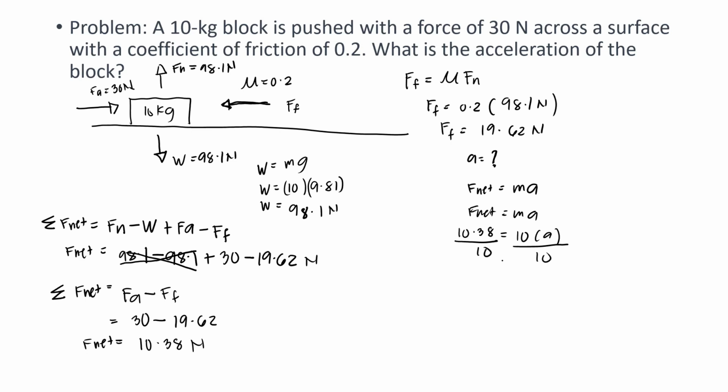We can get the acceleration, guys. 10 divided by 10 cancels out, and 10.38 divided by 10 is 1.038 meter per second squared. That is our value for acceleration, guys. We can round this off to the nearest two decimal places, since this is already a final answer. So this is 1.04 meter per second squared.